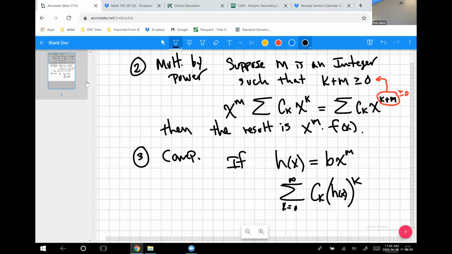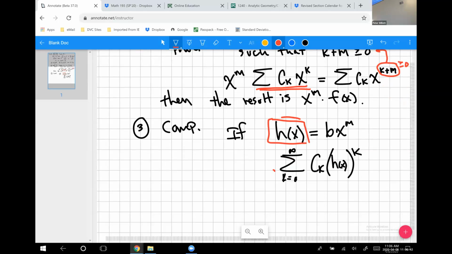So notice what we did is we took this function and plugged it into the c sub k series that converges to f. So if you have some sort of a power function, so b times x to the m is a power function, and if you plug that in, then this thing will converge to what you got if you plugged that into the value you got before for the power function.